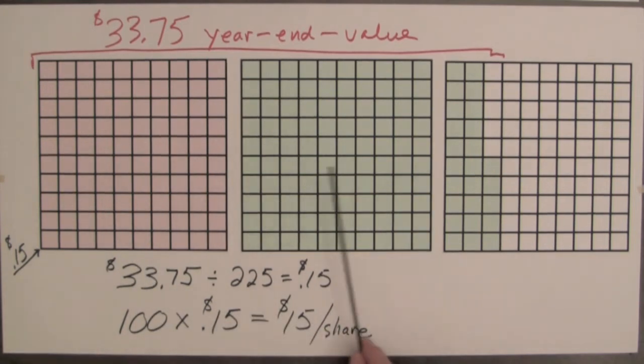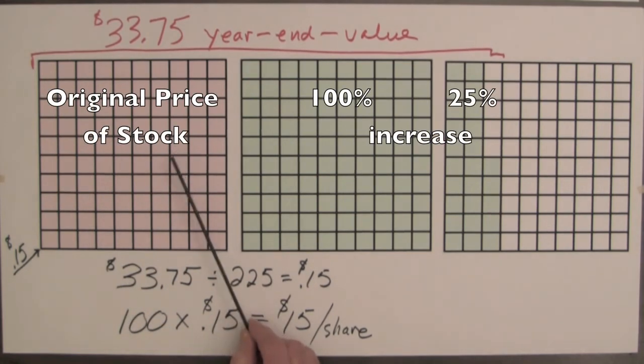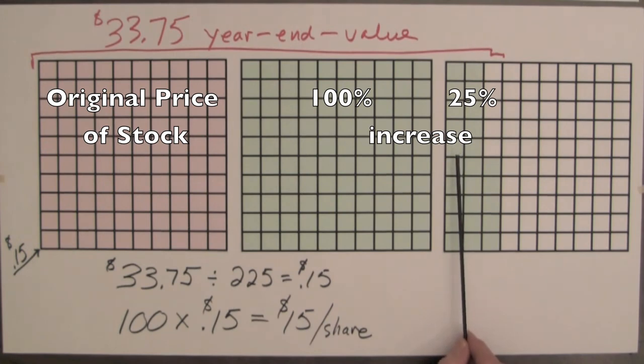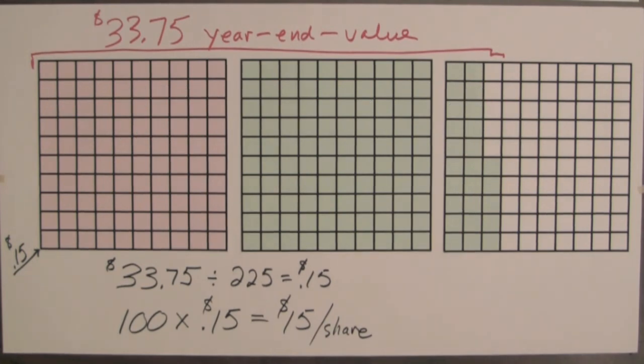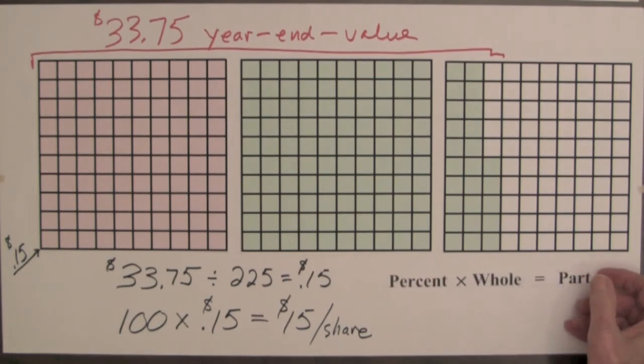Notice how the diagrams for the 100 squares illustrate the given information: the original cost of the stock and the 125% increase. These squares also show how to write in the amounts for the percent formula.